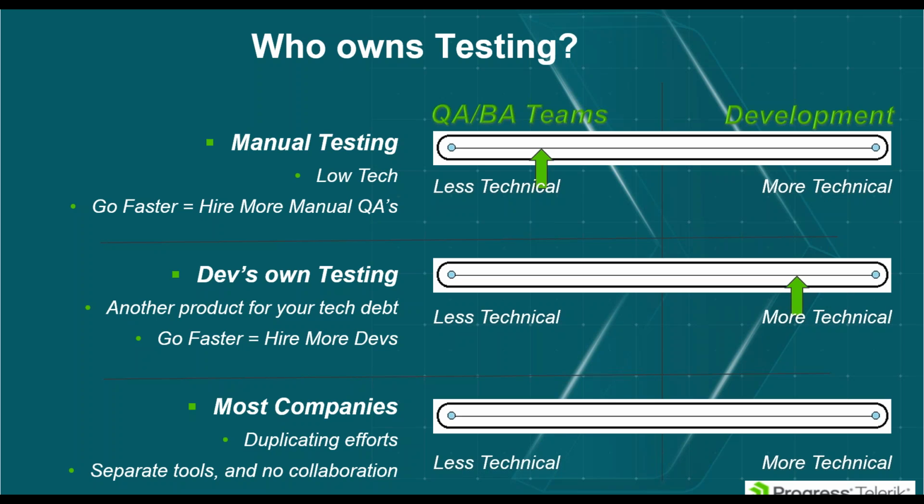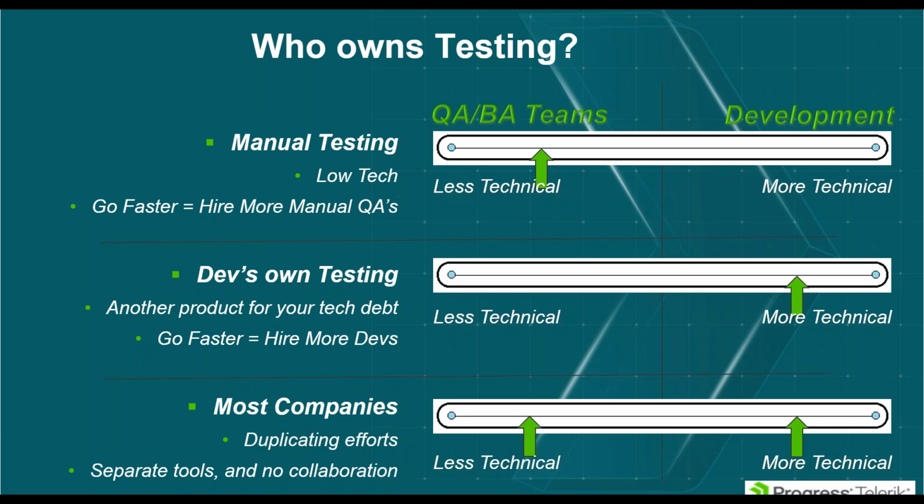Most of their time is spent on this rather than working on the actual new features that you need to introduce within your applications. And of course, we have a third scenario, based on the companies we work with.